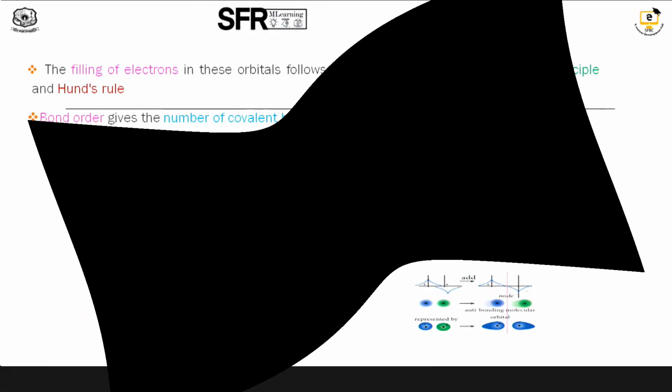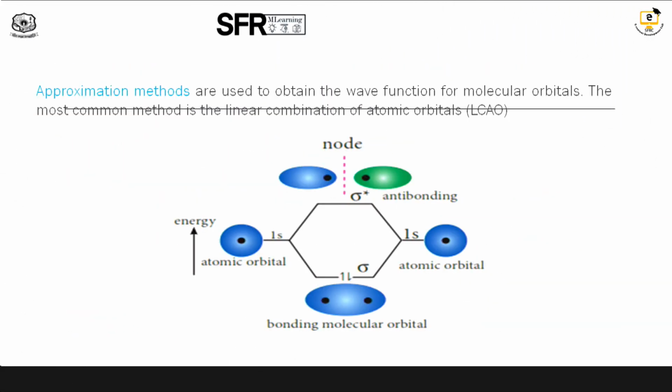In the next diagram, there is a 1s atomic orbital on the left side and another 1s atomic orbital on the right side. These two atomic orbitals combine to form the molecular orbitals presented in the center of the diagram. One is the bonding molecular orbital and the other is the anti-bonding molecular orbital. The molecular orbital is always present at lower energy than the atomic orbitals.